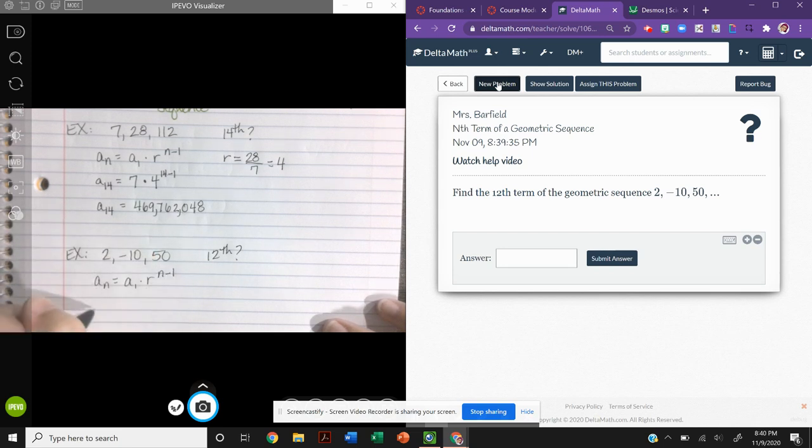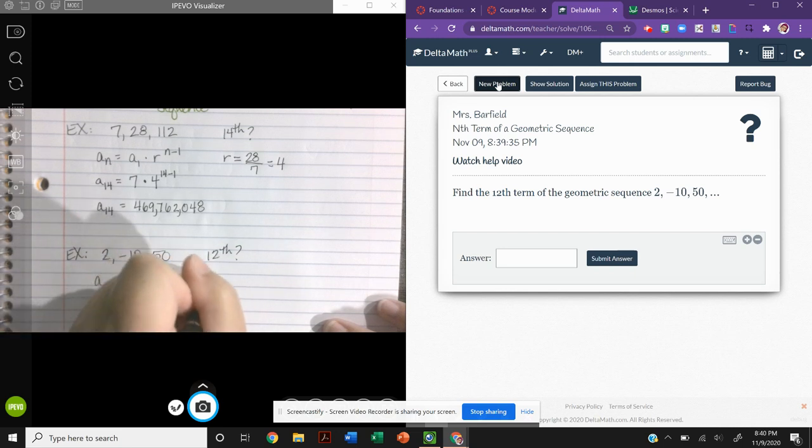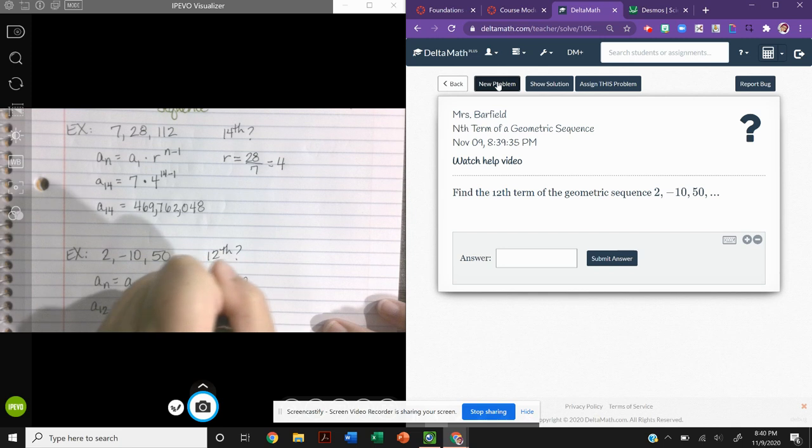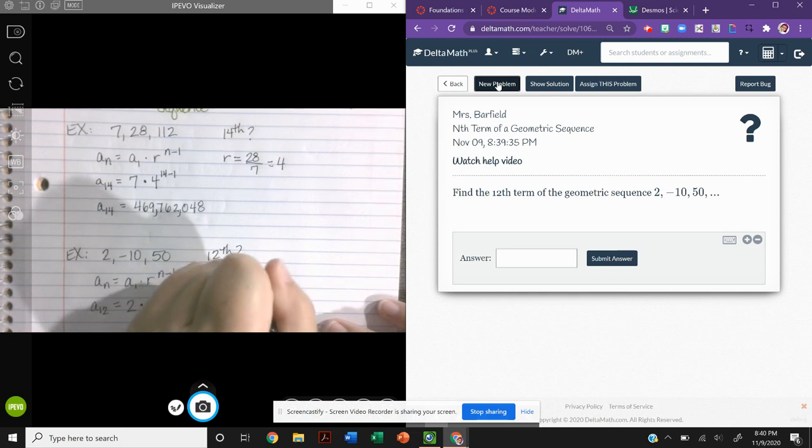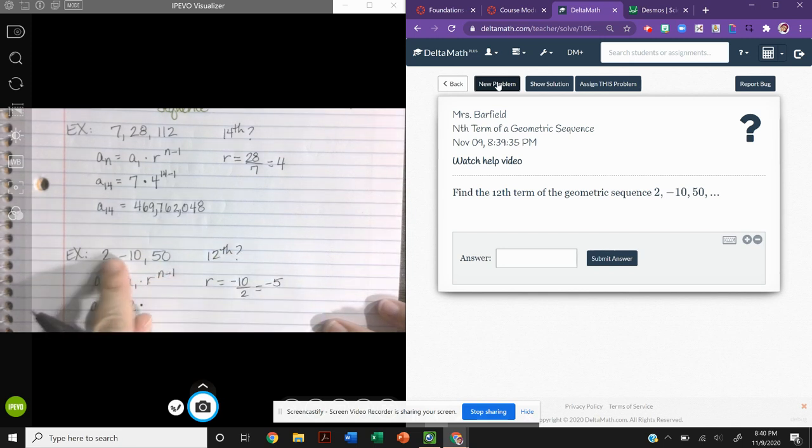We're looking for the 12th term, so a sub 12 equals first term 2 times, and now I need my ratio. So -10 divided by 2, which is -5. I'm multiplying by -5 to get the next term in my sequence. So I'm going to put -5 here in parentheses, and then to the 12 minus 1.